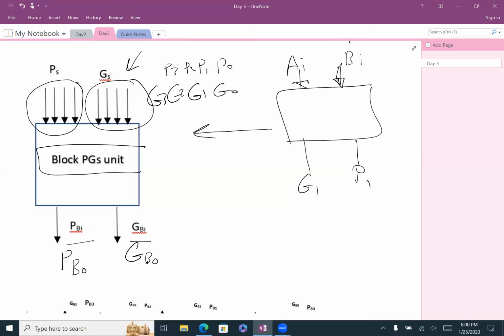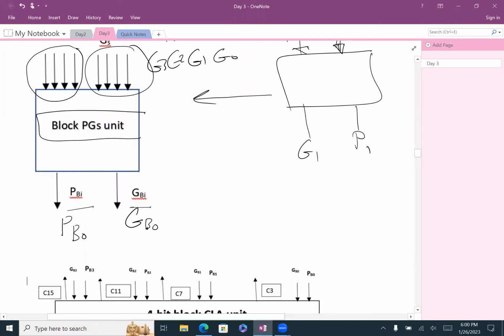So either in G3, then it's going to be outside, or you generate it at G2, then you propagate it through P3, or you generate it at level 1, then you move it through 2 and 3. Finally, from level 0, then you move it through 1, 2 to 3. Okay, so it's the same concept, but it's a bigger circuit.